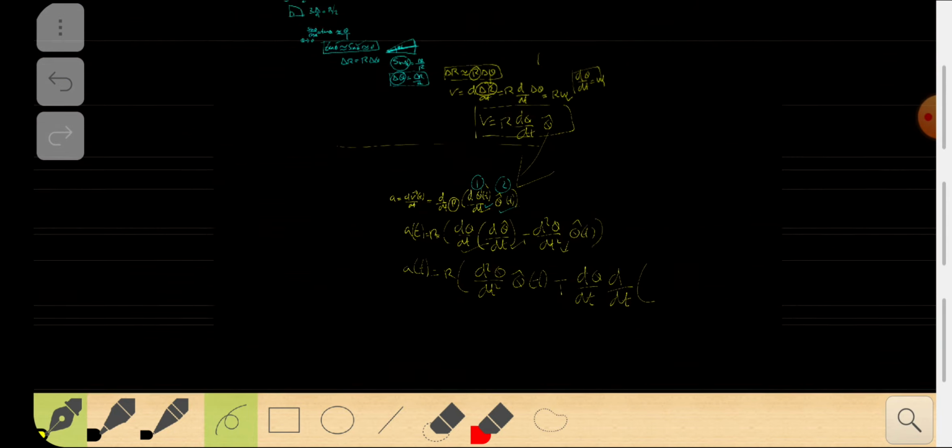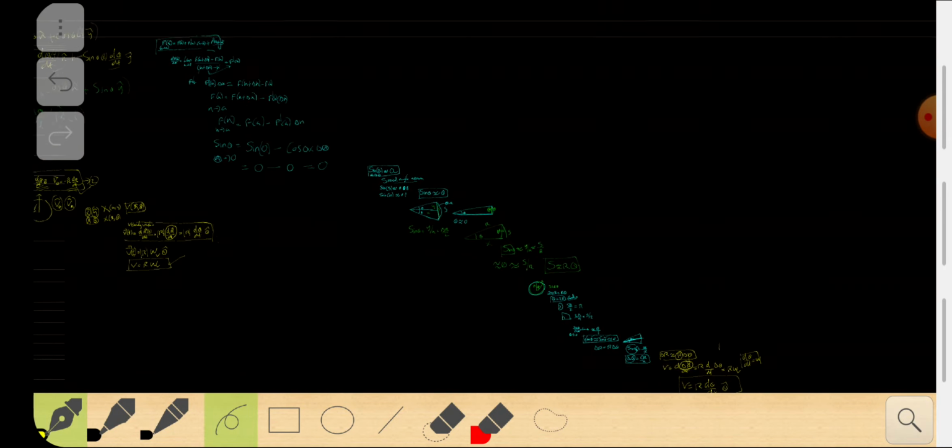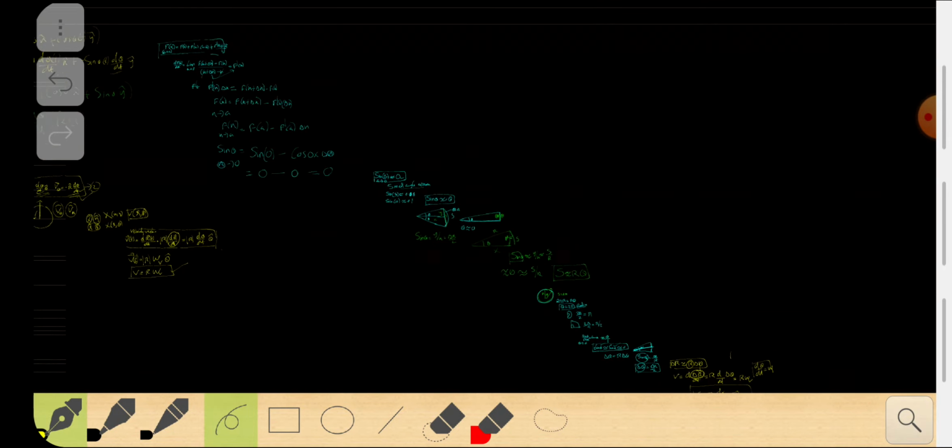From equation 1, you can see theta cap is equal to minus sine theta in the x cap direction, plus cos theta in the y cap direction. I'm going to substitute that back into this equation here.